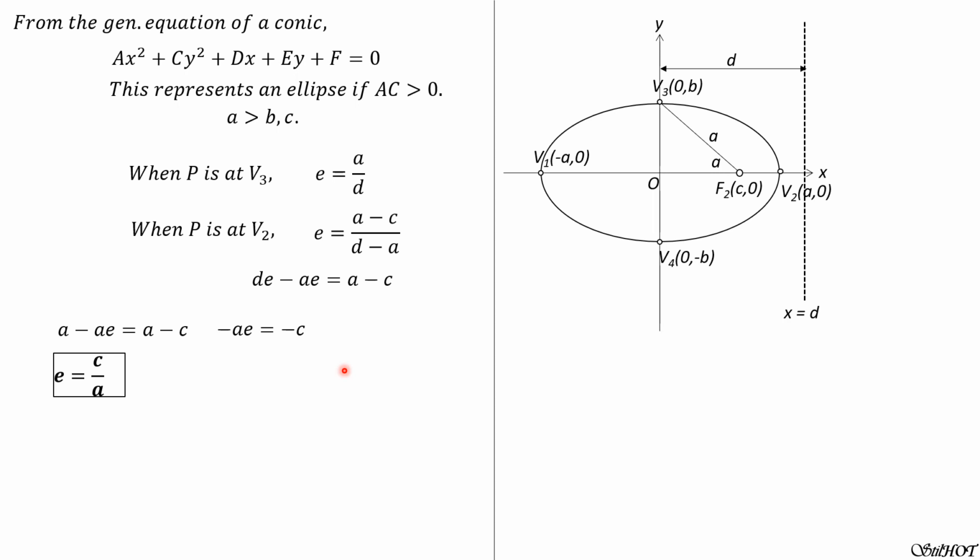But because D is A over E from this equation, and we replace E by C over A, so D is equal to A over C over A. Therefore, D, the distance from center to the directrix, is A squared over C. Or because I live in Davao, DC means Davao City, A squared means Ato, A2, Ato.